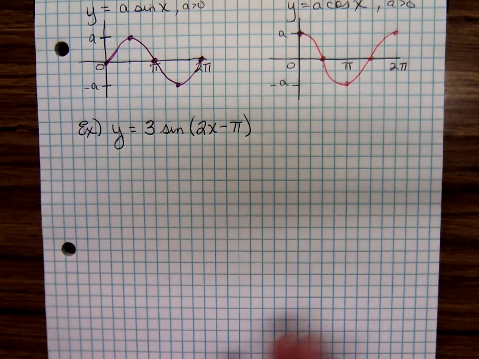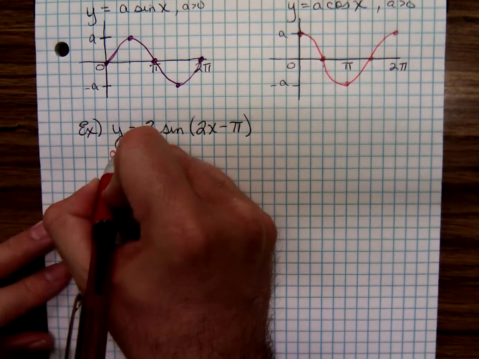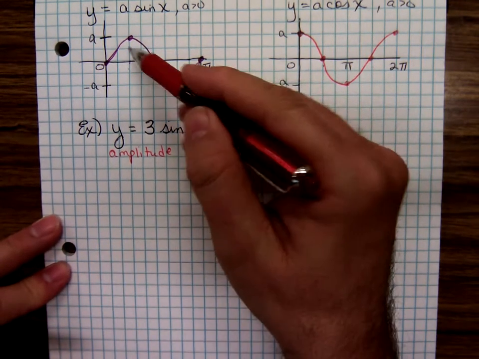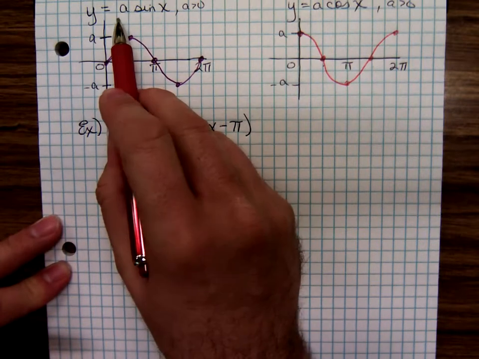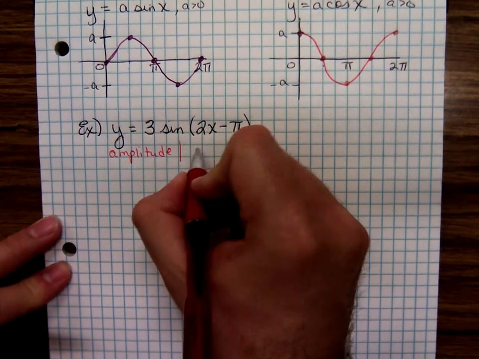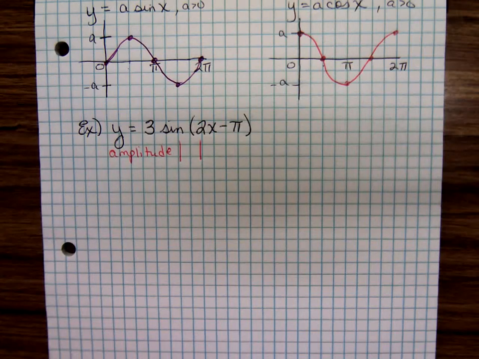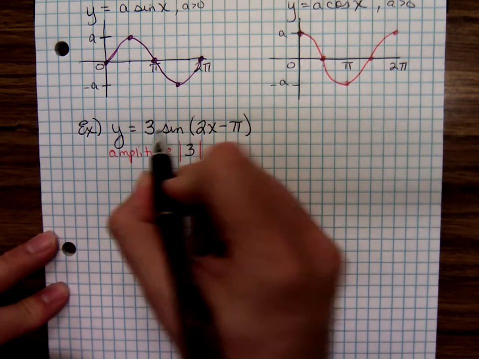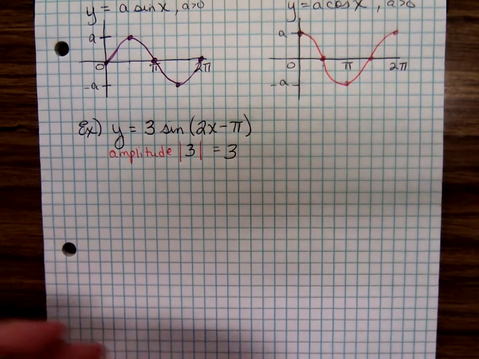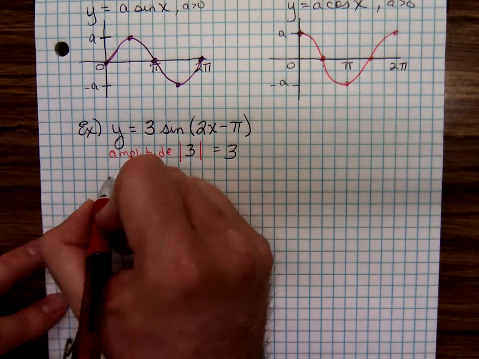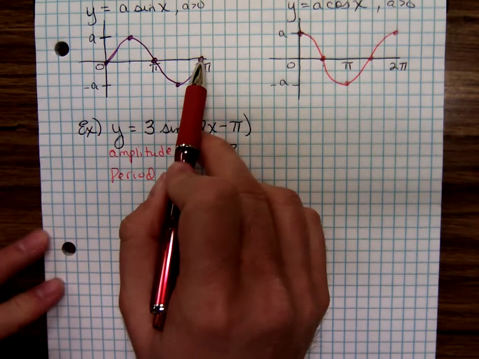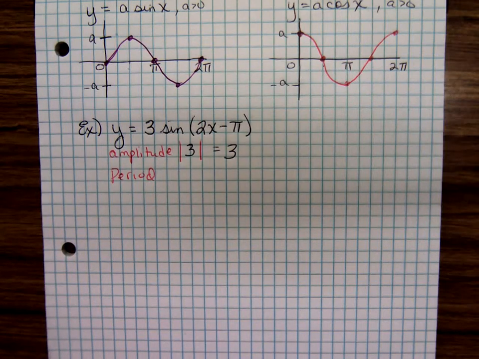Little terminology. The amplitude is the furthest distance the graph gets from the x-axis. In general, if a is positive, the amplitude would be a. What we'll say is the amplitude is the absolute value of this number here. So the amplitude is 3. The period is the distance on the x-axis that's required for one complete cycle of that curve.